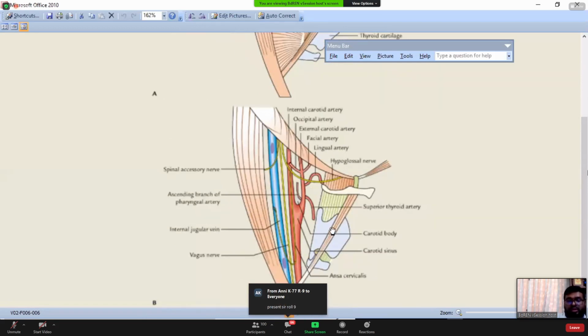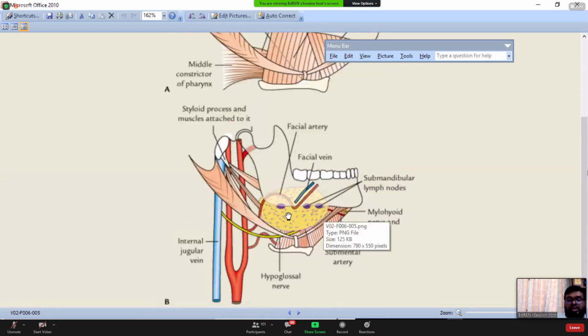So the submandibular lymph nodes, submandibular gland, hypoglossal nerve, facial artery, mylohyoid vessels and nerves are there, and the submental artery is here. So these are the structures present in the anterior part of the digastric triangle.